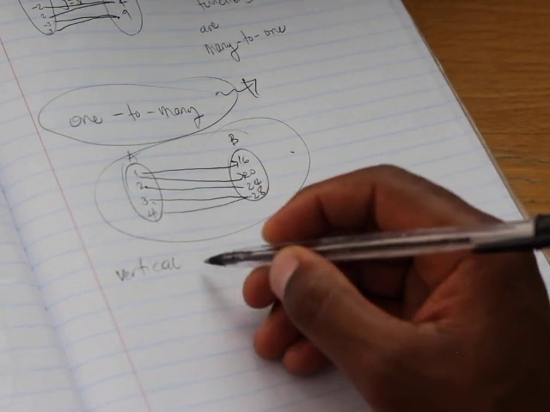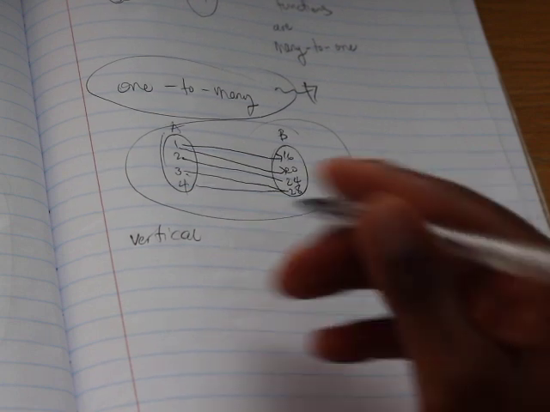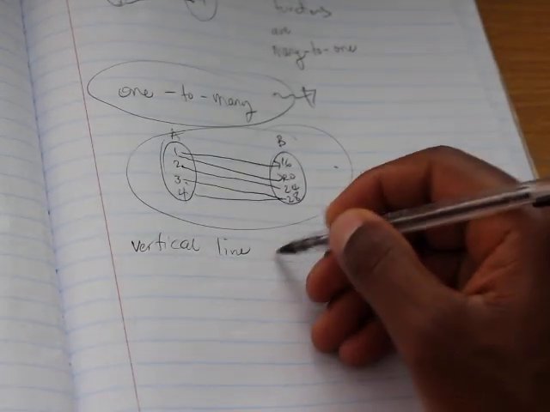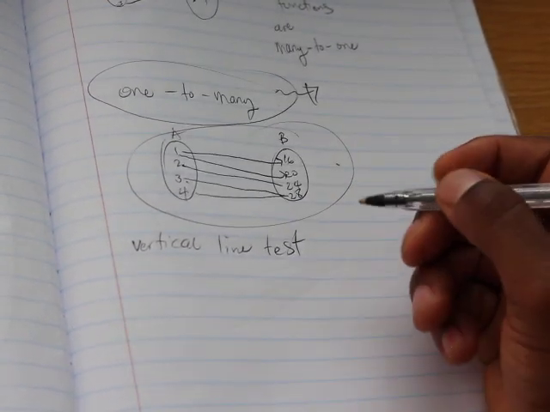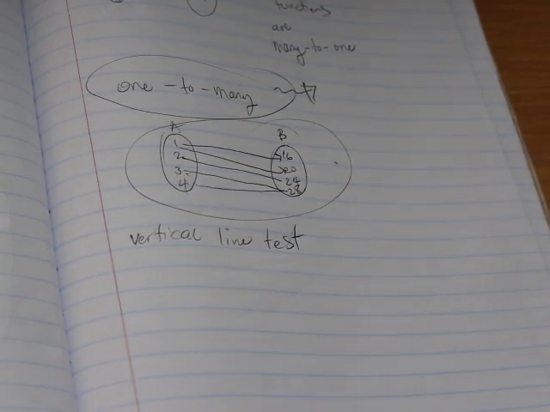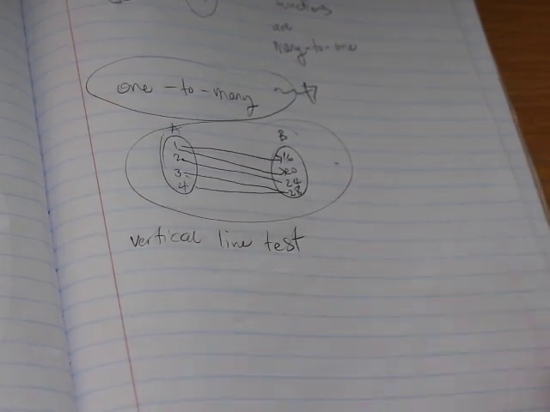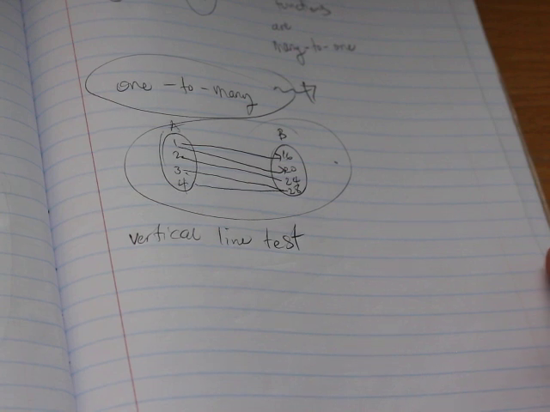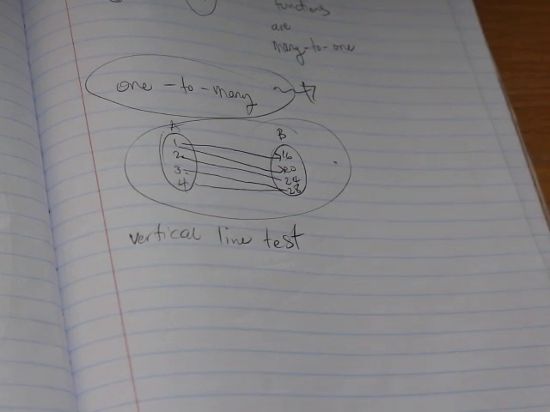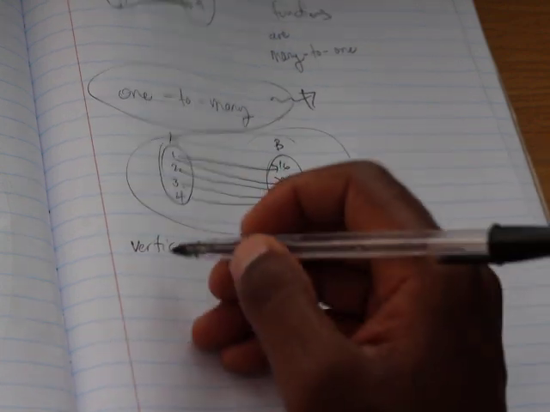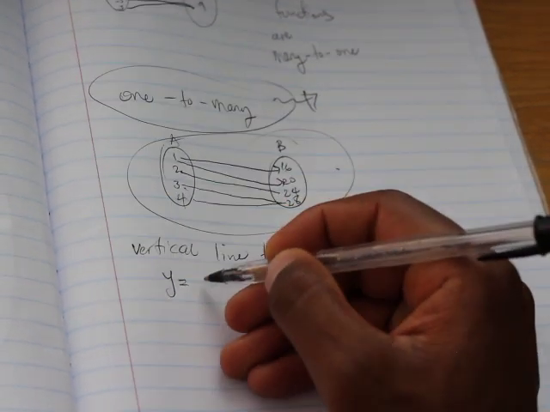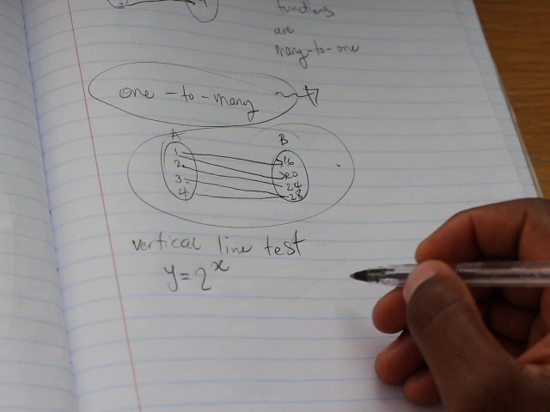Vertical line test. Obviously this is self-explanatory. We're just going to be drawing a vertical line, but you will see just now how we can use the vertical line to make some deductions. So I'm going to draw the function y is equal to 2 to the x, which is exponential.